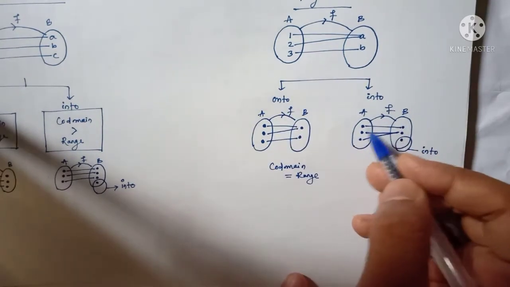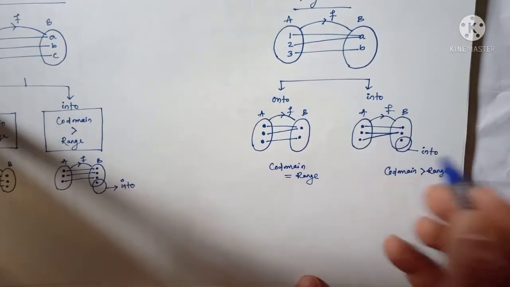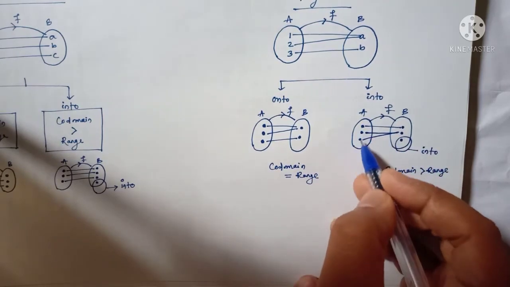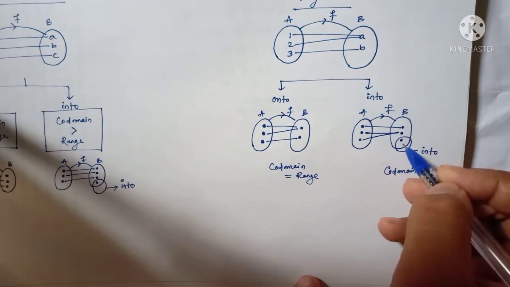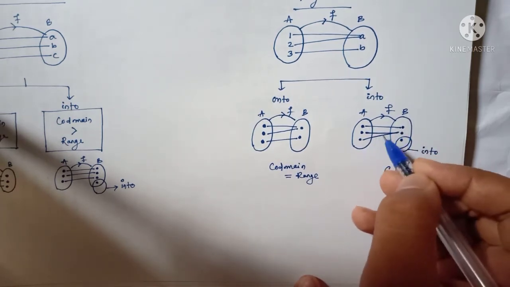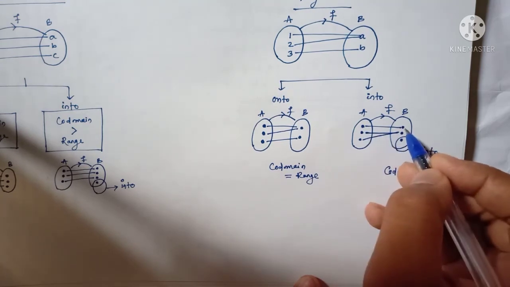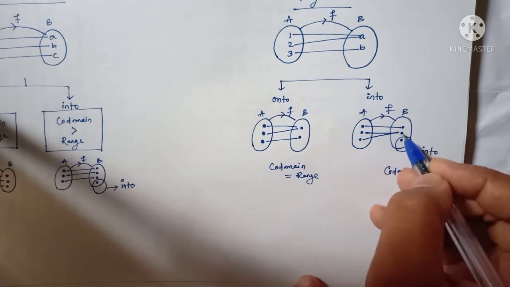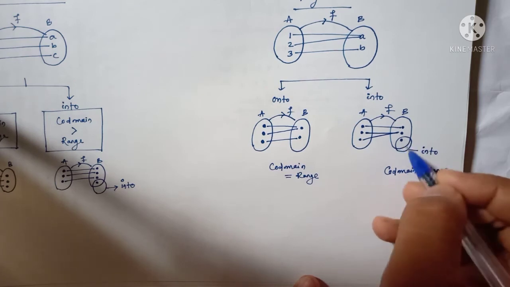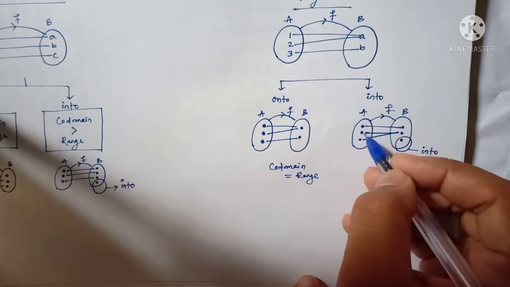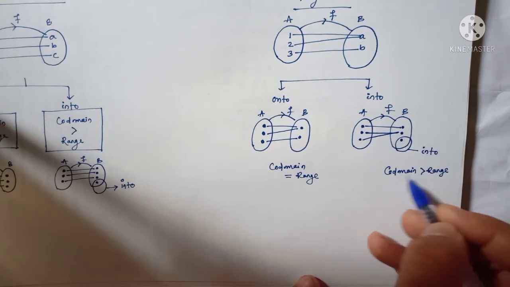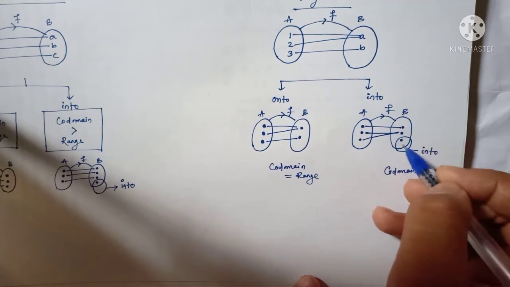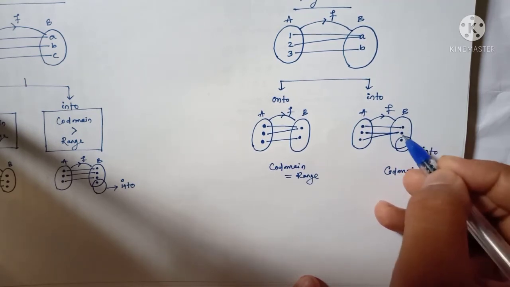And for an into function, the same thing is repeated here. We have 3 elements in set A and 3 elements in set B, but in the many-one condition we have one element with one image, and here 2 elements have one image, and one element is left which is not an image of any member of A. So this is an into function, because there are 3 elements in the codomain and the range is equal to 2.